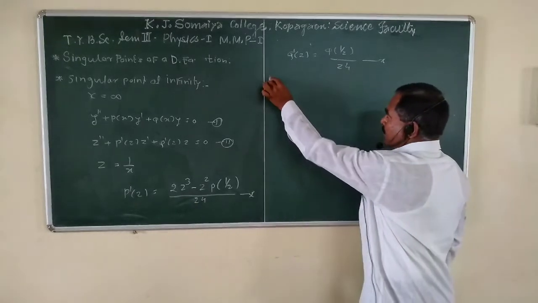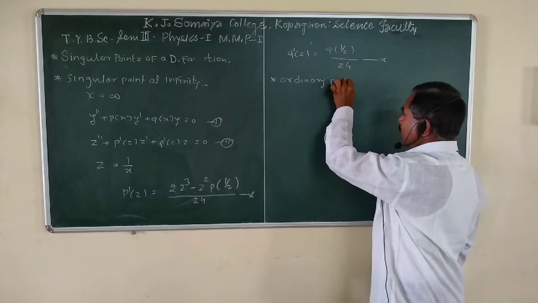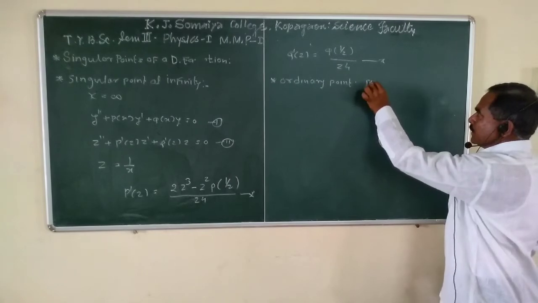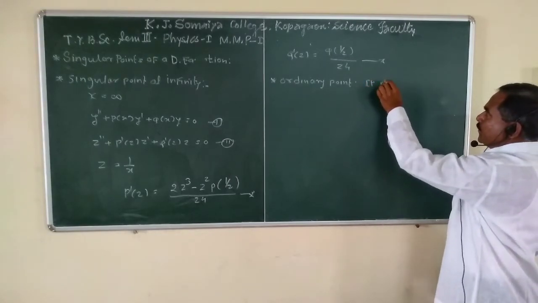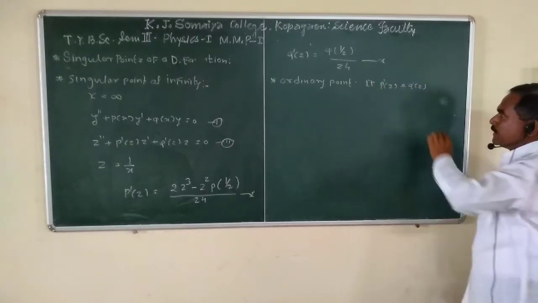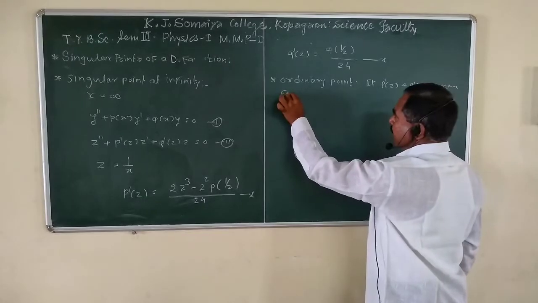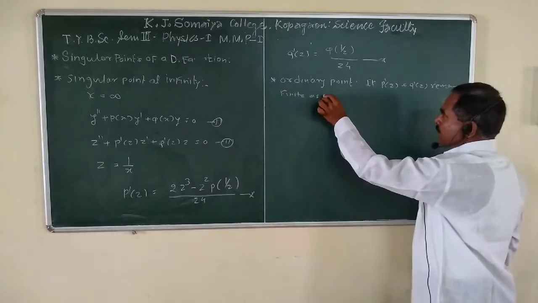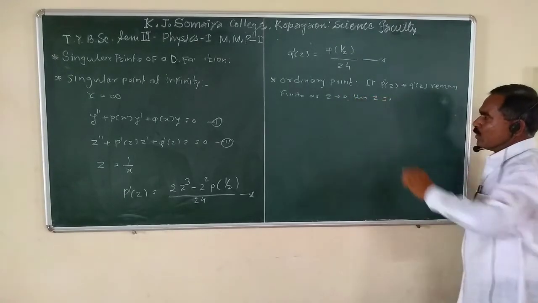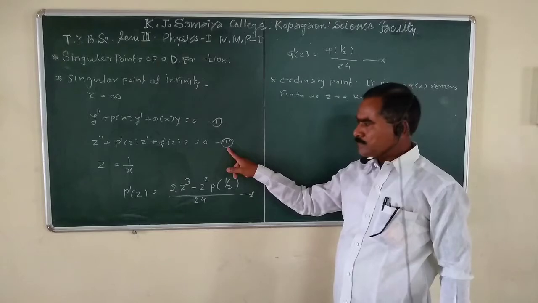So first we consider ordinary point. For this, if P dash Z and Q dash Z remain finite as Z tends to 0, then Z equal to 0 is the ordinary point of the differential equation second.